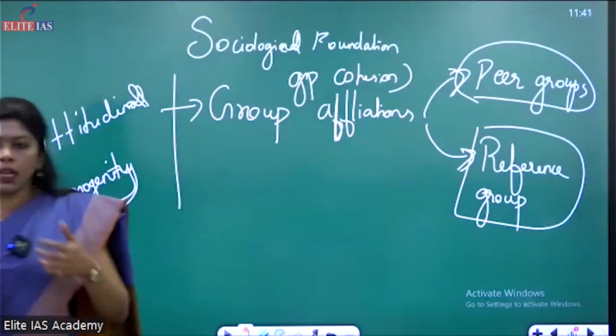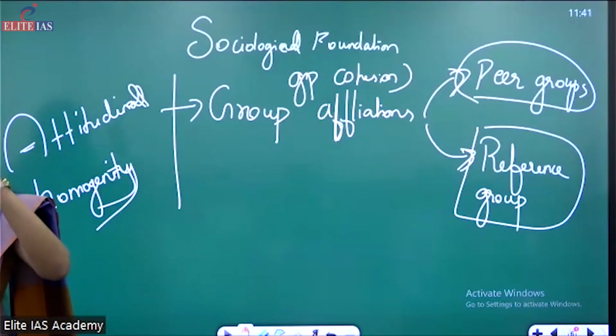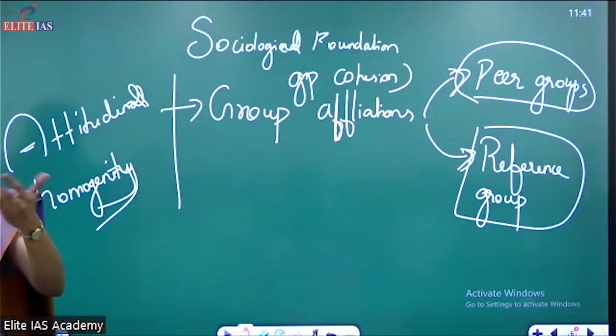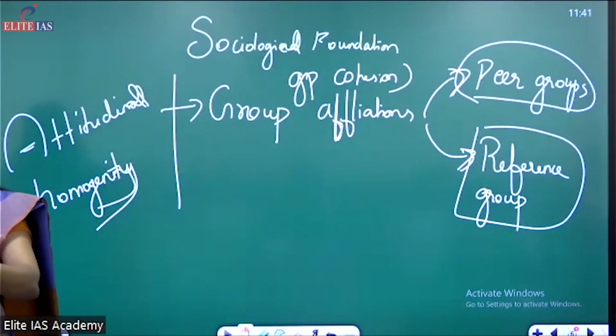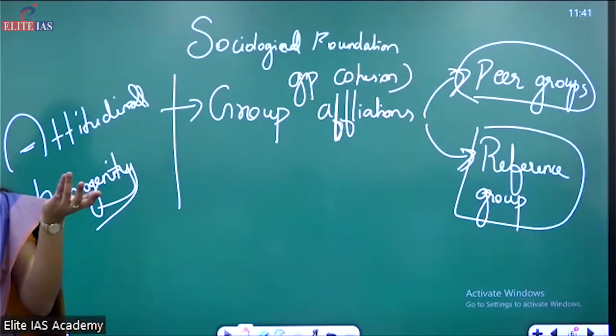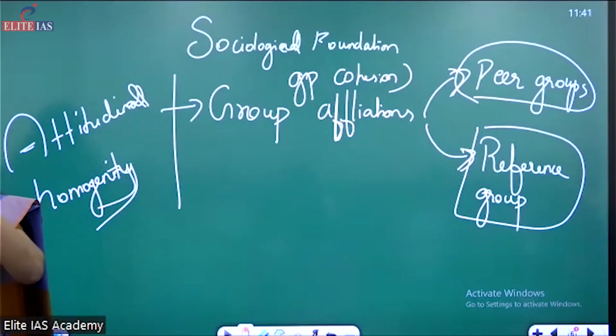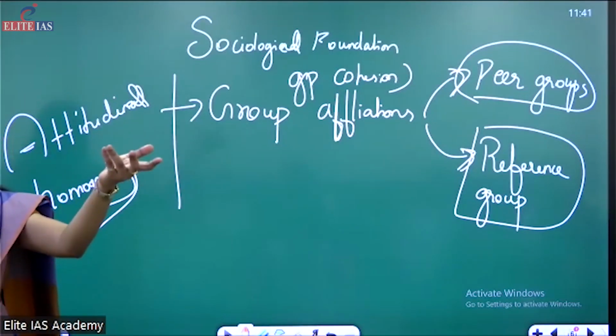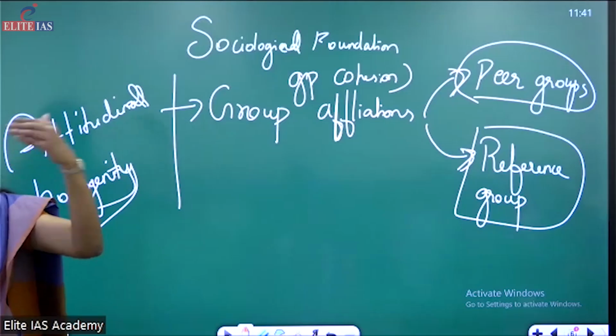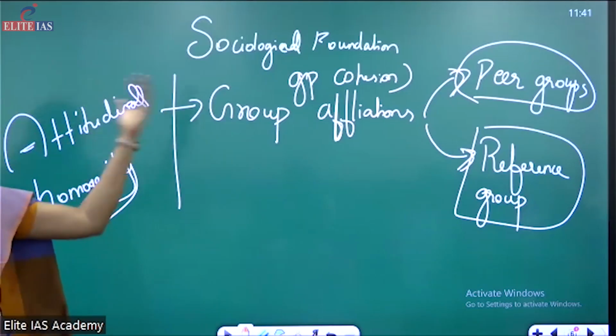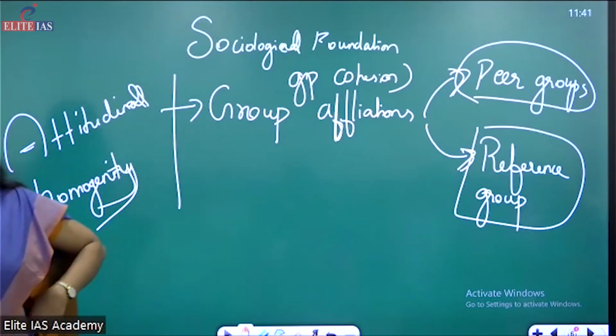Sometimes we aspire to become one. You aspire to become a scientist. We aspire to become a sports person. We aspire to become the richest person. It happens. So what we do, we try to observe these people and try to behave like them only. Whatever they do, we develop a positive attitude towards that. And whatever they are not doing, we avoid.